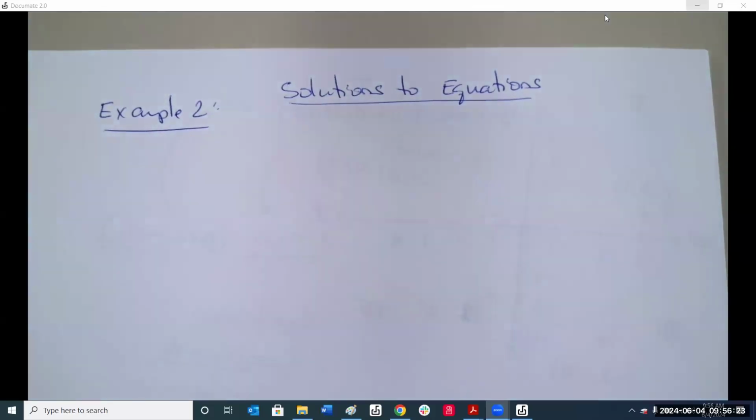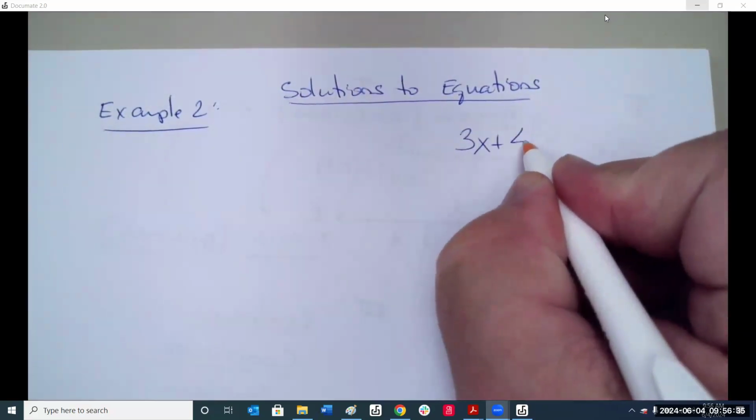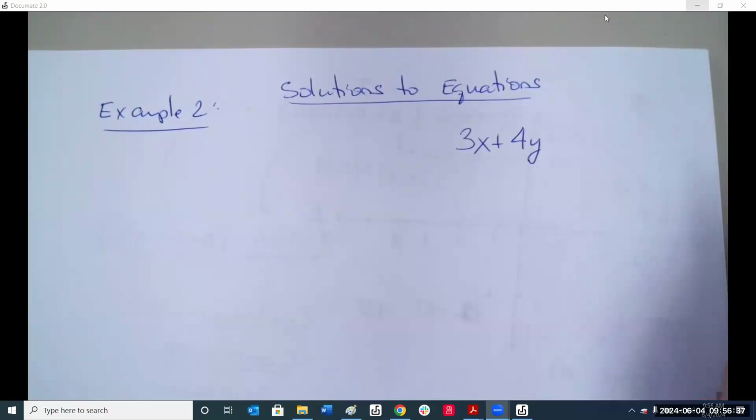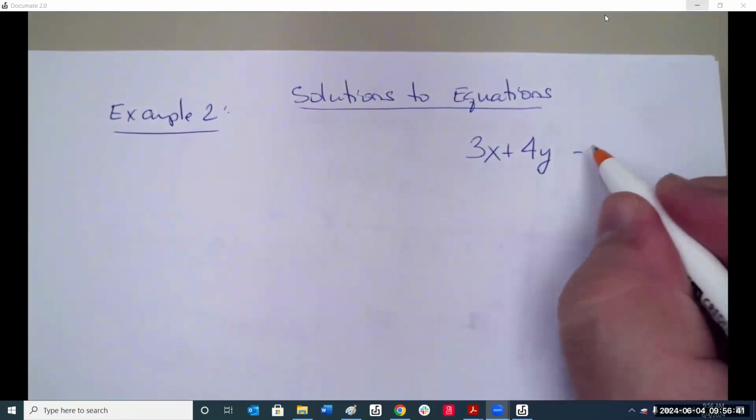What defines an equation? If it has an equal sign, right? Is that an equation? Nope. What is that called?